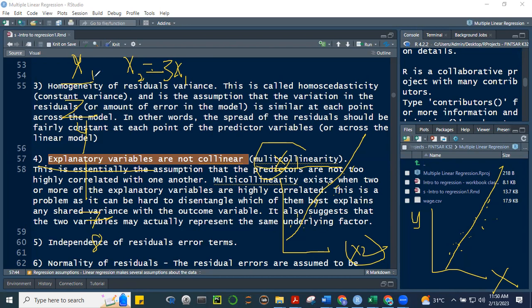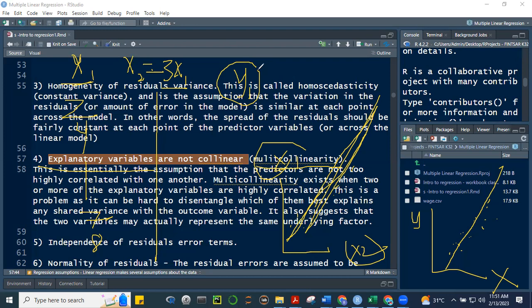Whatever the value of x1 is, you multiply that by 3, then you have x2. If you plot these two, their correlation is perfect. It will be a straight line. So when we use x1 and x2 to predict y, let me explain it in Filipino. They will, quote unquote, fight each other in explaining y.